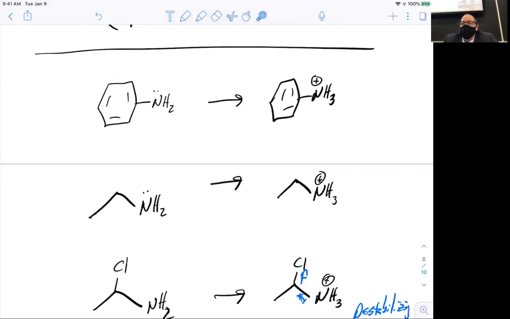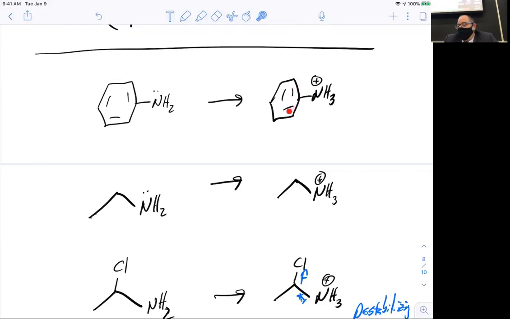It does have an impact by the pi density being able to stabilize that positive charge, but it's slight. It's like the inductive, very slight. It's hyperconjugation. So it's a hyperconjugation effect.